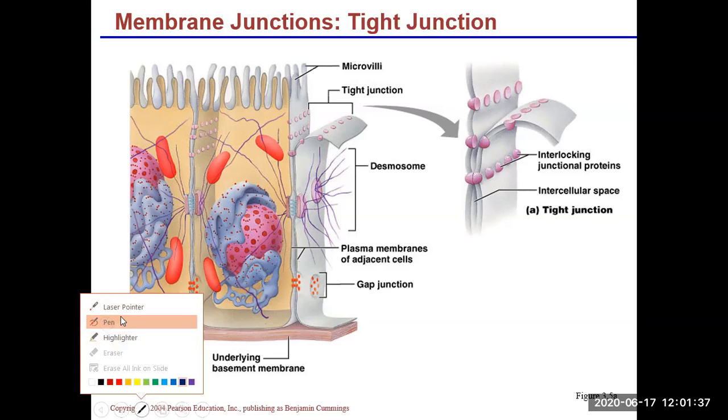Then you have desmosomes and you have gap junctions. And all of these help in order to attach, in order to support, in order to do different things.